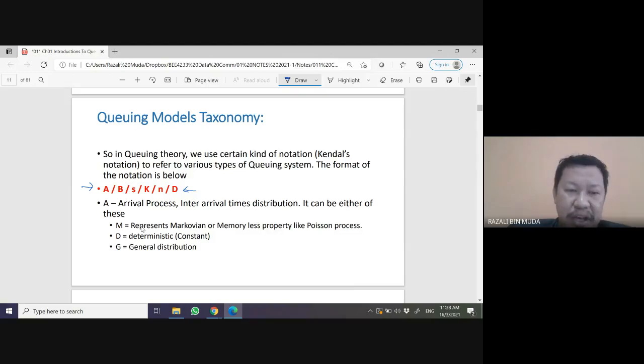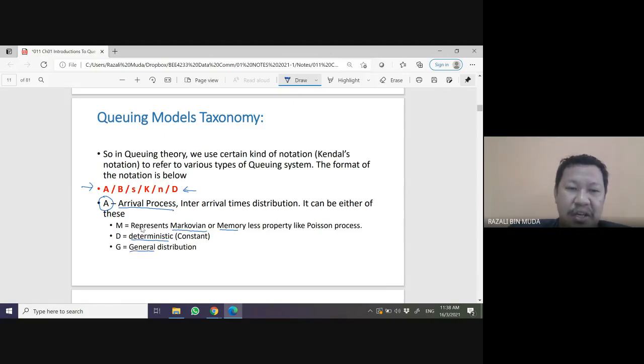So what is A? A is the arrival process, the inter-arrival times distribution. We have discussed this before. It can be M, D, or G. M represents Markovian or memoryless, D is deterministic, and G is general distribution.